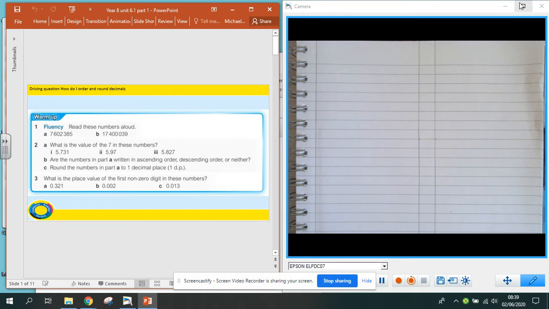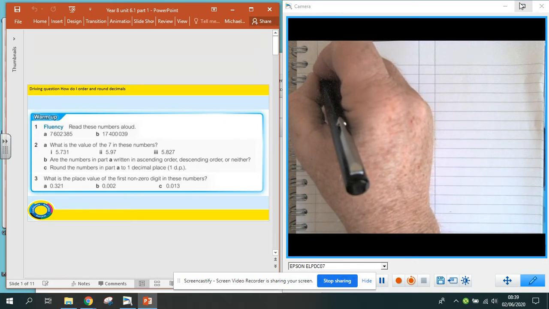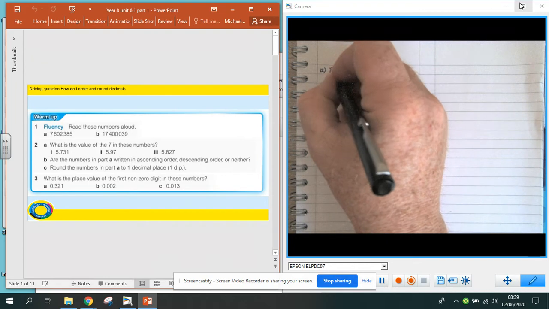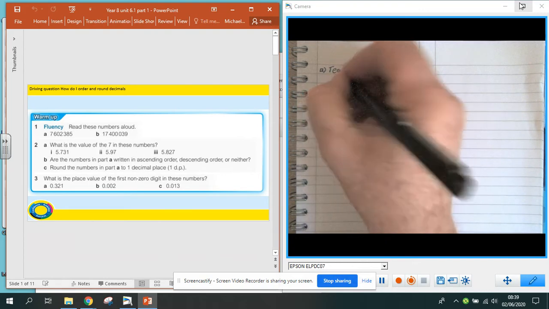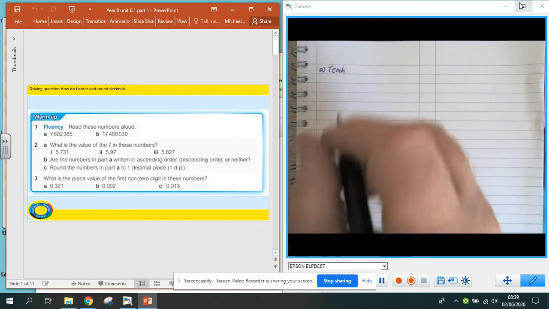Question 2. What is the value of the 7 in these numbers? Well, the first number, the 7, is the first place after the decimals. So that would be a tenth. In the second number, the 7 is in the second place after the decimals.